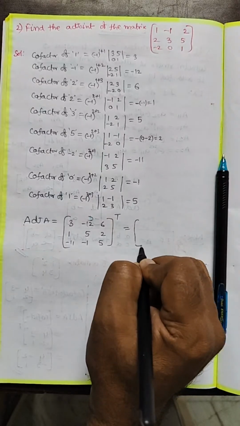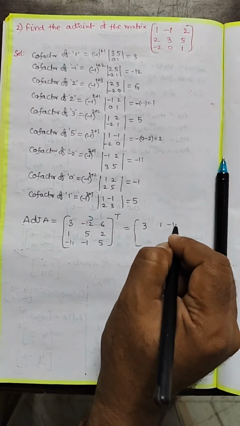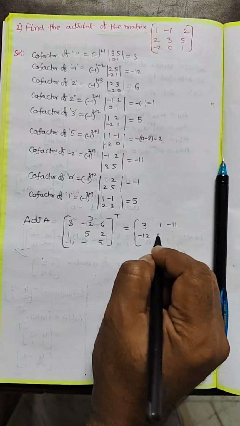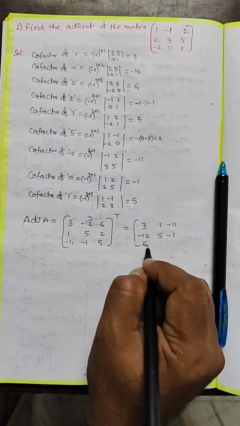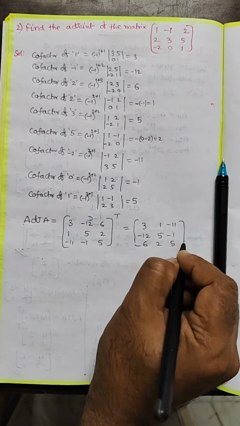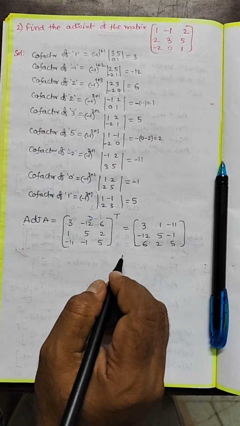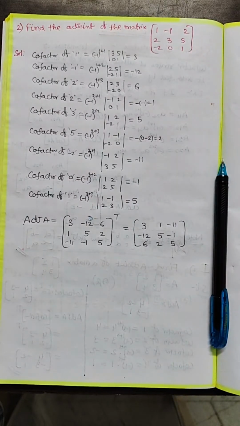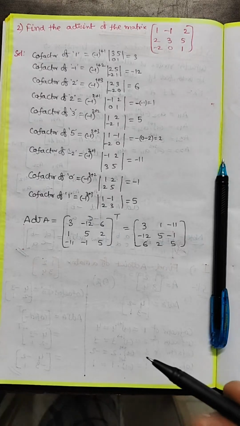So the transpose of this matrix, 3, 1, minus 11, minus 12, 5, minus 1, 6, 2, 5. So this is the way we can get the answer, dear students. So you can check it out. 3, minus 12, 6, 1, 5, 2, minus 11, minus 1, plus 5. I hope you understand.